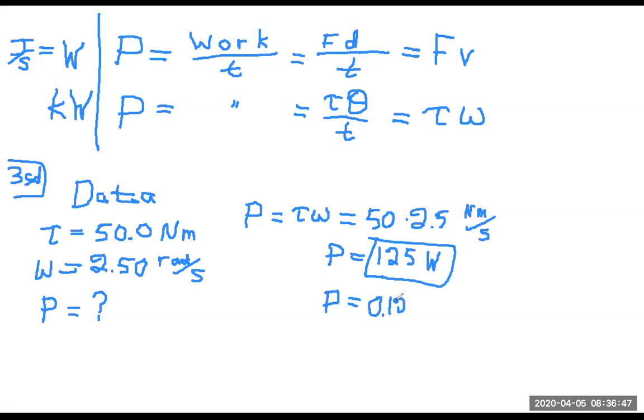And that 0 is important to put in there because it tells you there's a decimal point following, and it's not just a scratch of paper or ink on a page. And so we write kilowatts, and this is the second part of the same problem. And that was example 1.